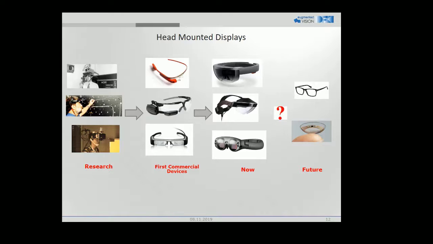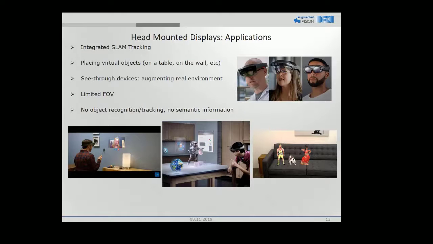In research, there have been many attempts to create the perfect head-mounted display, but it's not that easy. There are many challenges in the way. For example, the field of view can be very small, and the tracking system can also have problems, for example with initialization.